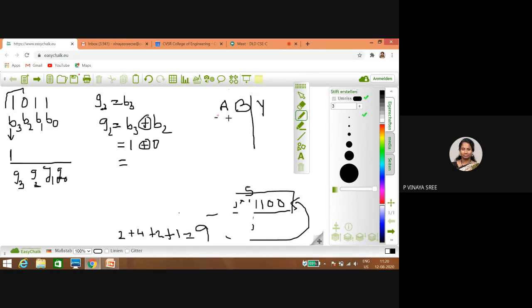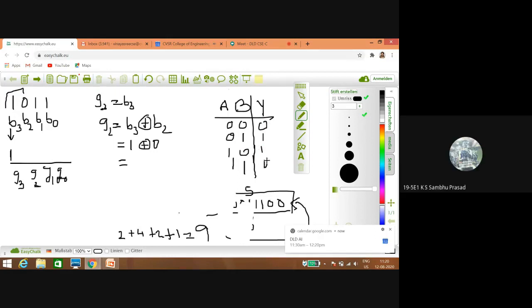We have not revised it online. The truth table: 00 gives 0, 01 gives 1, 10 gives 1, 11 gives 0. For the same inputs the output will be zero; for different inputs it will be 1. So the result for B3 XOR B2 is 0.